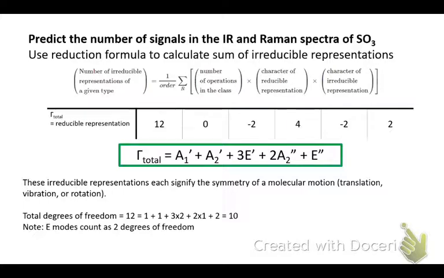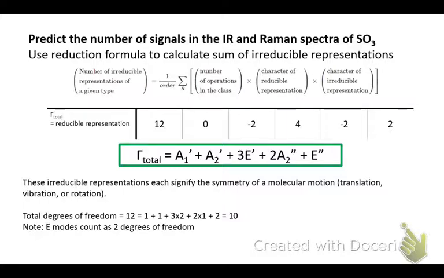And here we see that we also have 12 degrees of freedom because we have 1 A1 prime, 1 A2 prime, that's 2, 3 E primes. E's count as 2 degrees of freedom that are equal in energy. We'll talk more about that. So that's 6 for a total of 8. 2 A2 double primes, that's 10, plus an E double prime, which once again is 2 for the price of 1. So that's a total of 12.